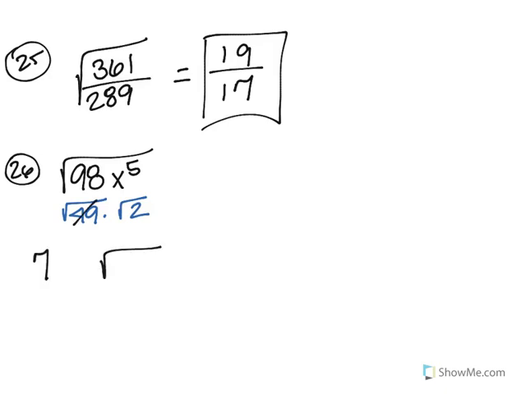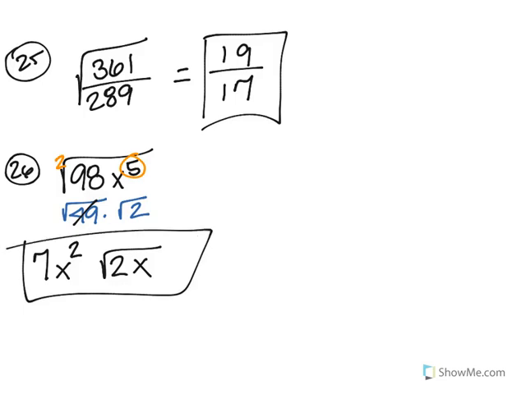Now leave a little room and you have the square root of 2 inside. Now deal with your exponent. You're going to divide 5 by 2. So how many x's can come out? 2, with 1 left over. Very good. Do y'all see that? 7x squared, square root of 2x. Does that make sense? Okay.